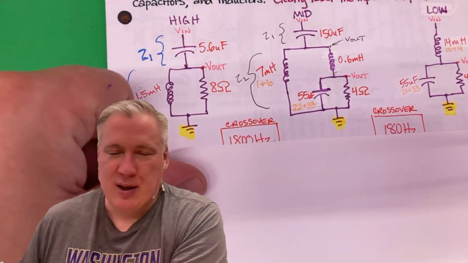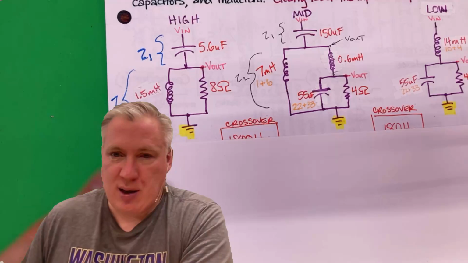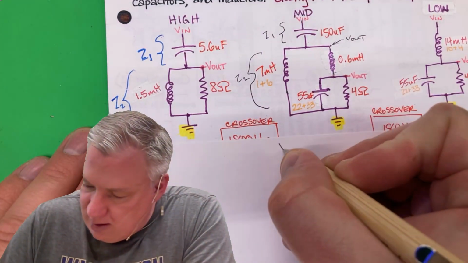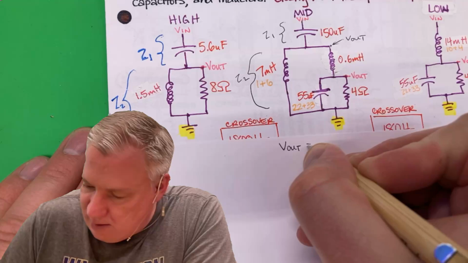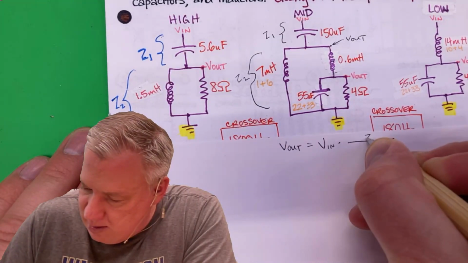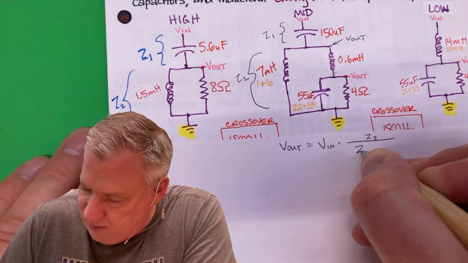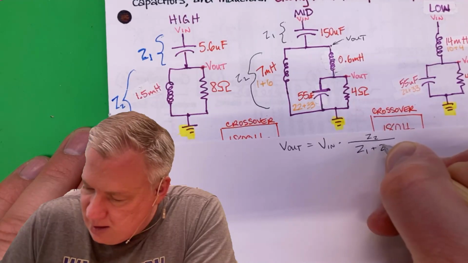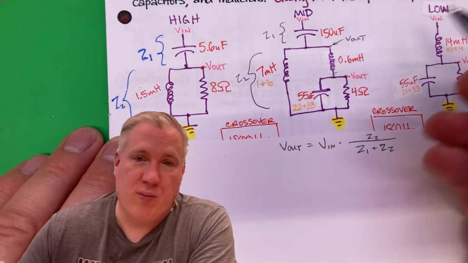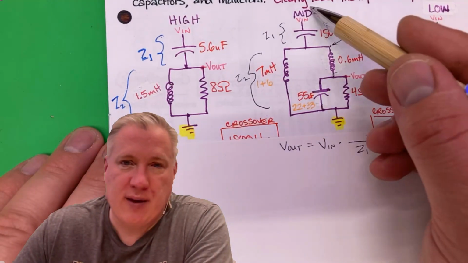So again, I'll write it over here. It goes V out equals V in times Z2 over Z1 plus Z2. And our first V in is 1. It's just 100%, that first V in.